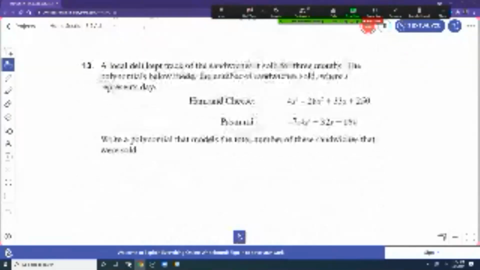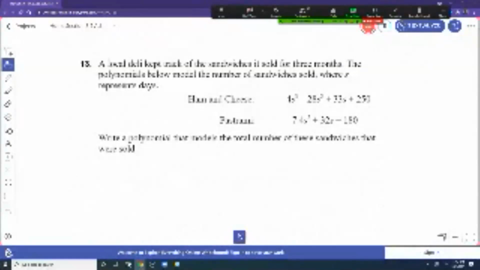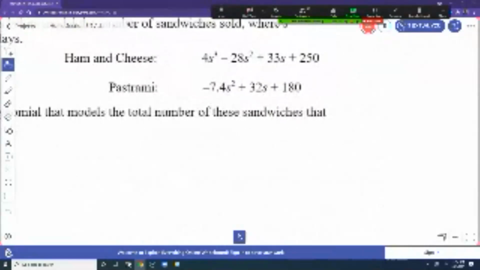It says a local deli kept track of the sandwiches it sold for 3 months. The polynomial below modeled the number of sandwiches sold, where S represents days, ham and cheese, pastrami. Write a polynomial that models a total number of these sandwiches that were sold. Does anybody know what we have to do with the polynomials? It's blurry.